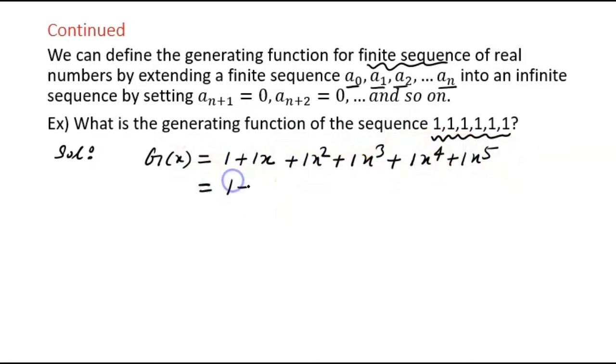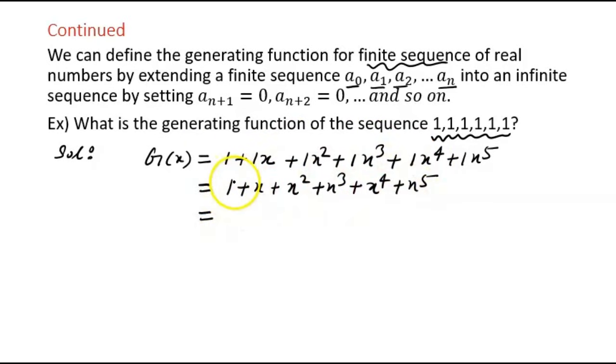Now what is this? This is 1 plus x plus x square plus x to the power 3 plus x to the power 4 plus x to the power 5. This is basically a geometric progression, and there are 6 terms in this geometric series, right?